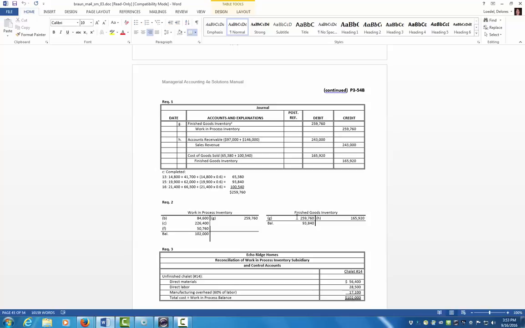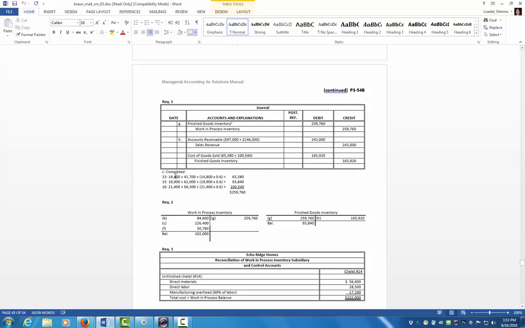So we can take each one of those chalets and individually find our complete costs for those that should be then transferred out of work in process and into finished goods. Those are now complete. So we will take the, this, I believe, was our direct labor.